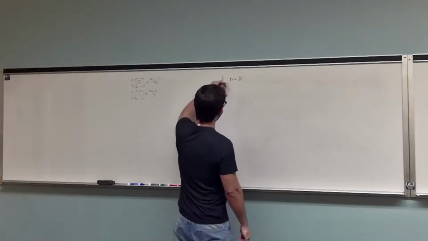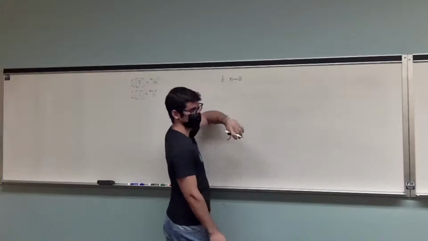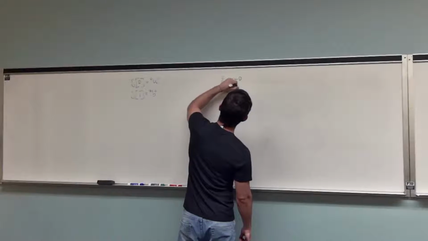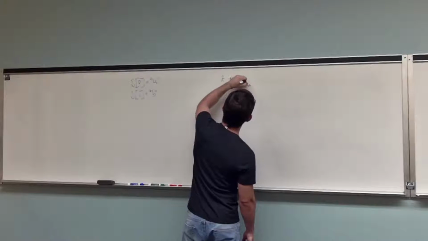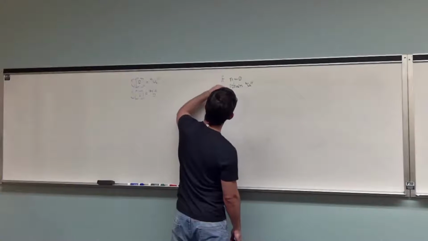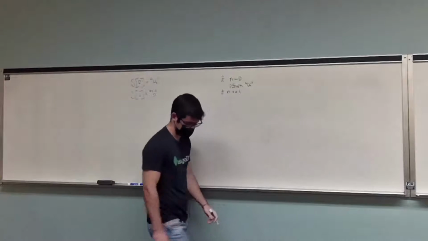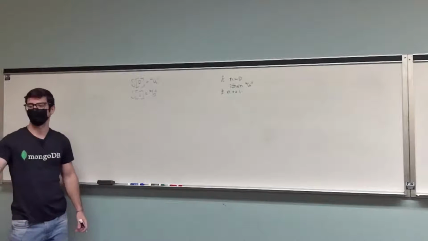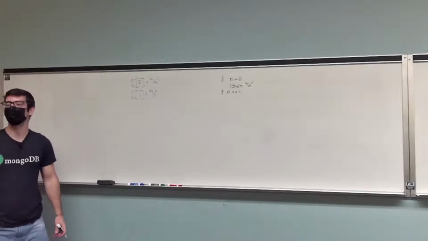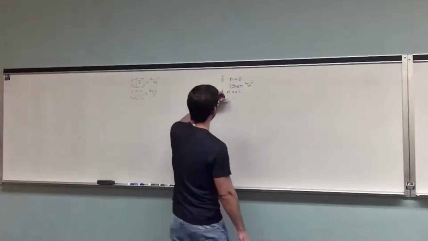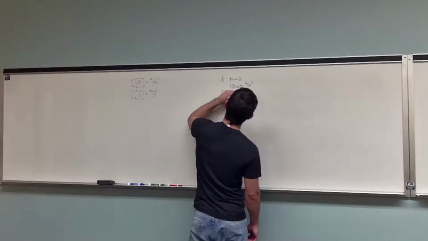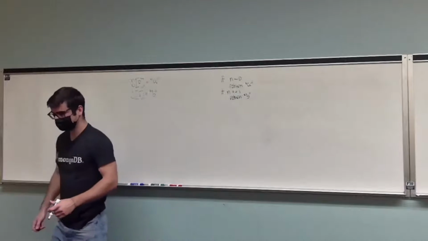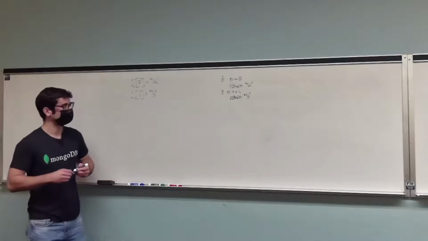So if n is equal to 0, now it's Python, we return a. If n is equal to 1, what do we do? Okay, you said B. We all agree with that? That all makes sense? Perfect.